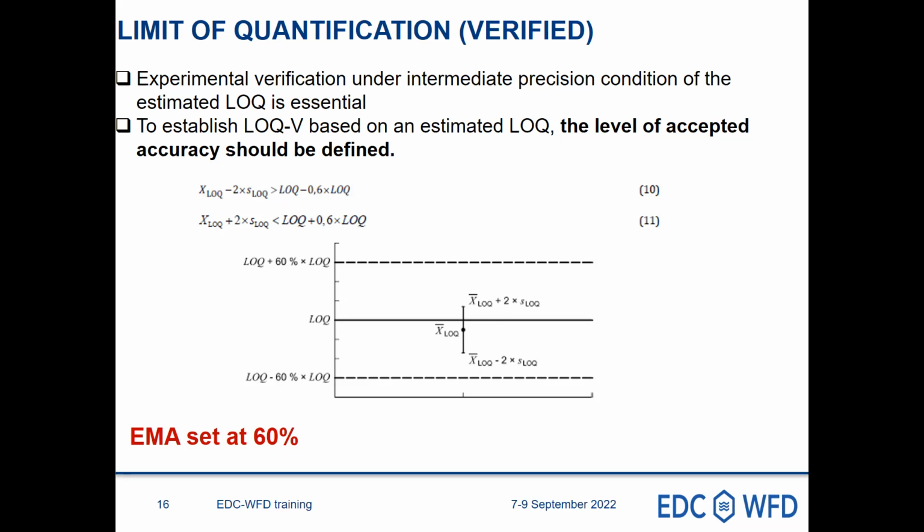Within the project, we have set this maximum accepted accuracy to 60% at the LOQ. So a small message for the French laboratories that are there: we are complying with our French standards. I close this small message. So this is the choice we have made, and all partners follow these rules.